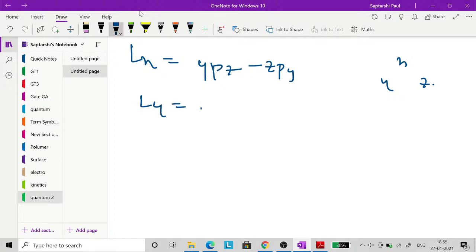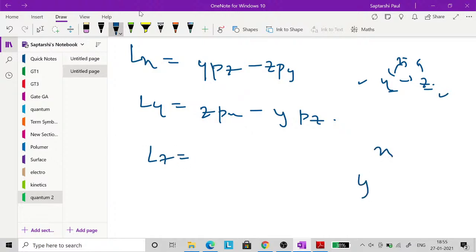Ly will be equal to z px minus y pz. Understood the fashion? Right, so tell me for Lz, it's very easy. First x will come, then py, then z, then x will come, xpy minus zpx.